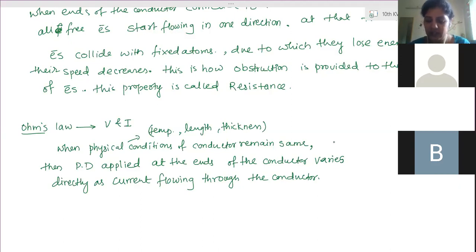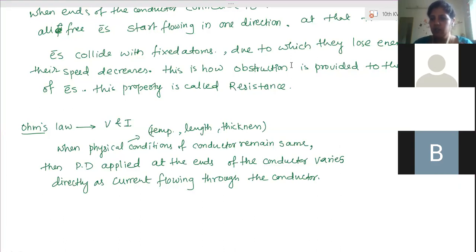In that case, will the speed of the water be less or more? It will be more. More water will start flowing because the difference is too much. If the difference is less, the speed will be less because the difference in water level is less. In the case of conductors also the same thing happens.